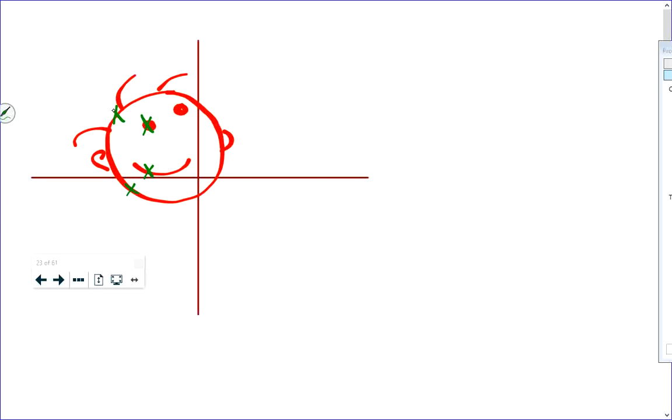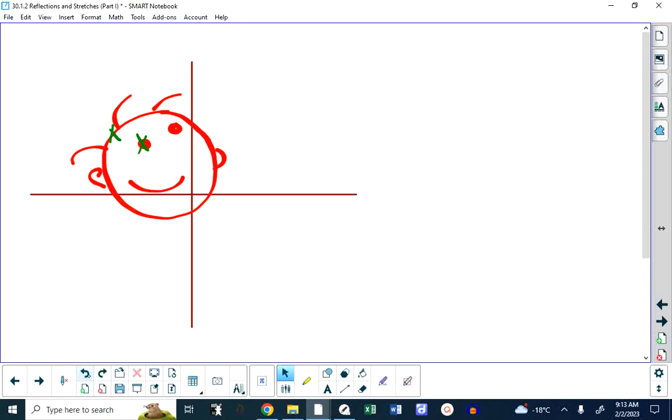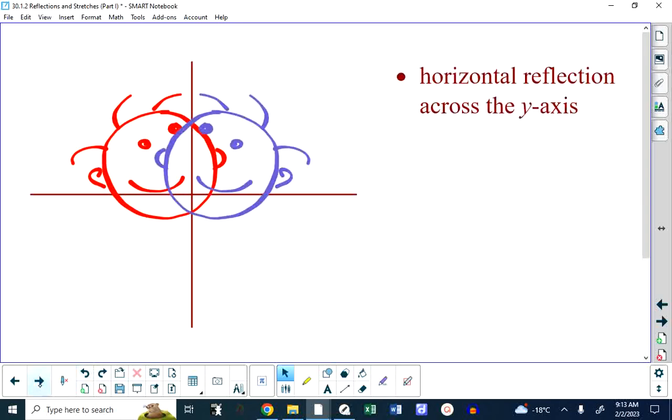But there are some points that are neither. There are some points that are neither to the left nor the right. Now, not all of us are great spatial thinkers. But this is what it would look like if we reflected horizontally across the y-axis. These 2 points are invariant. They're 2 points that were on the y-axis to begin with.